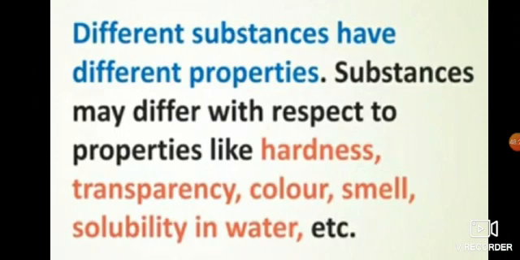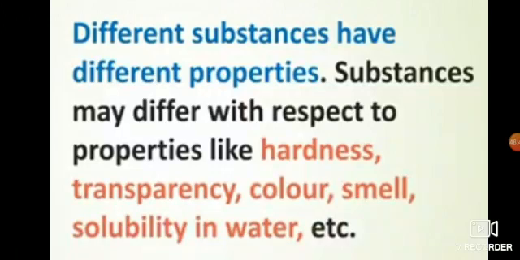So all have different properties. Substances may differ with respect to properties like hardness, transparency, color, smell, solubility in water. If you take water, you can see through it. Correct? Sometimes the solid things are very hard.